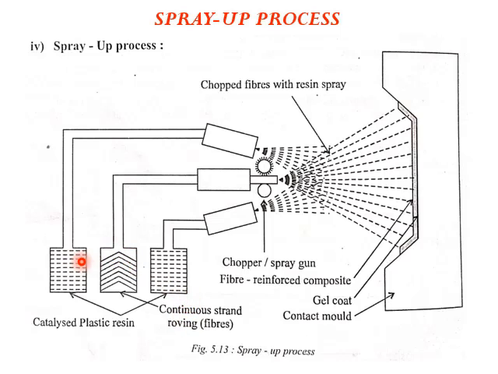In the two nozzles we are going to have a catalyzed plastic resin, the resin mixed with a catalyst, which is going to accelerate the process. And at the middle one, we are going to have continuous strand roving fibers, a reel of fibers which is mounted here.